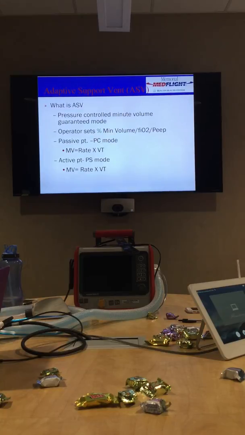The nice thing about this vent is if you have an active patient and let's say I'm getting ready to walk out the door and I don't want them pulling that ET tube out, so I increase their sedation and now they're only breathing 6 times a minute. Whereas before, when I first put them on it, they were breathing 16 times a minute and they were doing a lot of work themselves, so they were in pressure support mode. But now I've increased their sedation because I don't want them to pull that tube out.